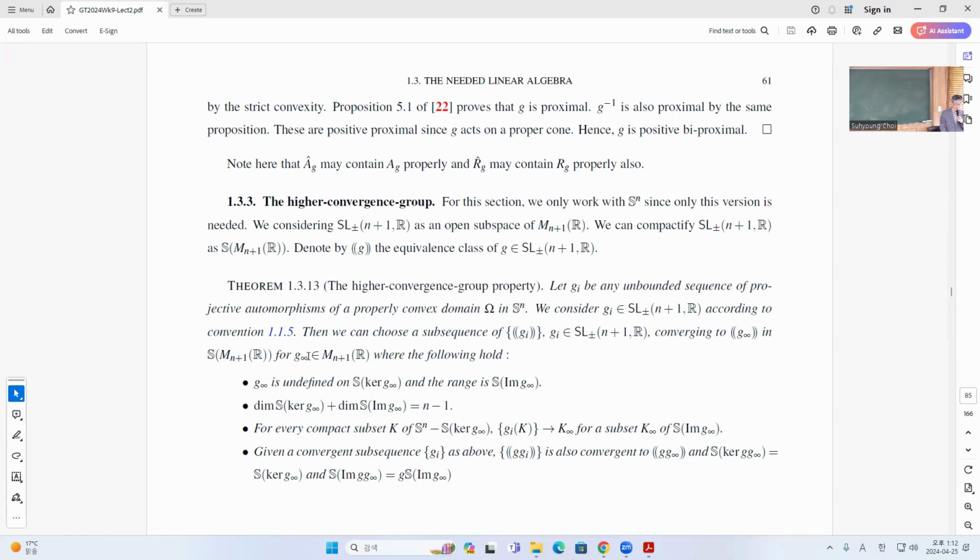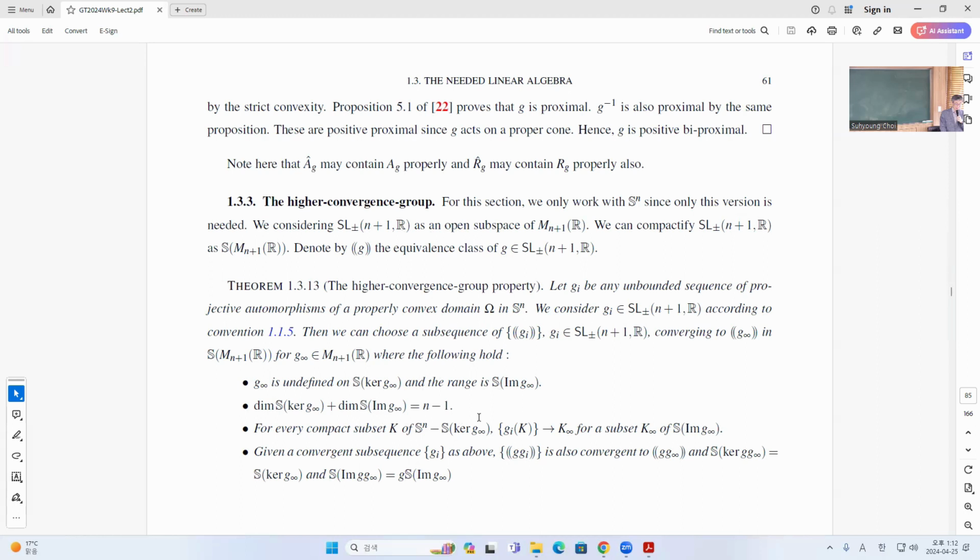And this is some endomorphism, so it may not be invertible. So it's no longer in SL(n+1), it could be in some other subspace. And of course, since this is an endomorphism, there is some kernel and the range.